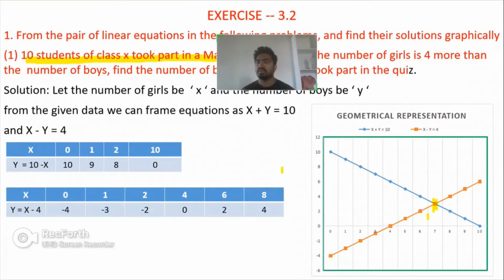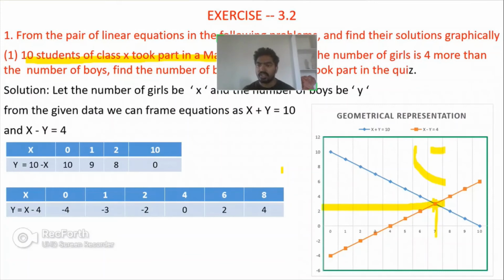So this point is the required point to find the number of girls and the number of boys. Here we can clearly see that this is the point with x-axis 7 and y-axis 3, since it is in between 2 and 4, so it is 3.